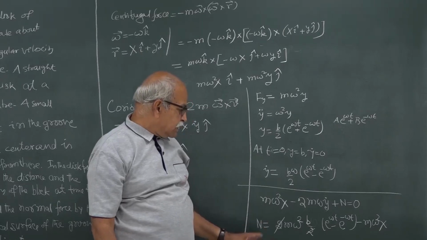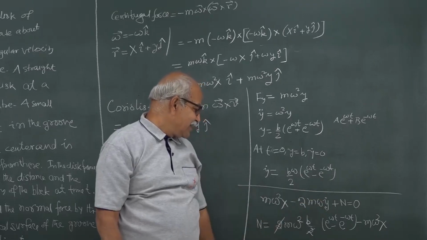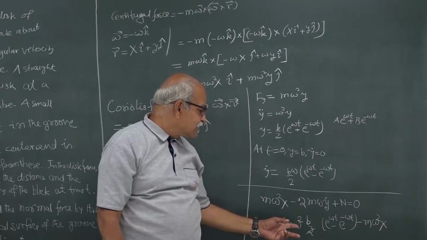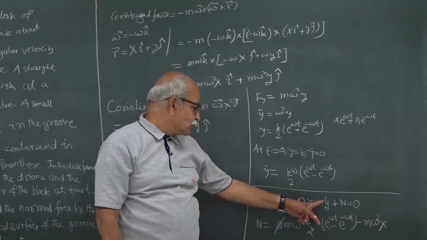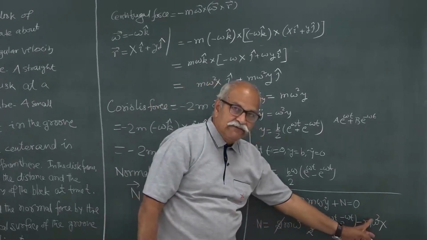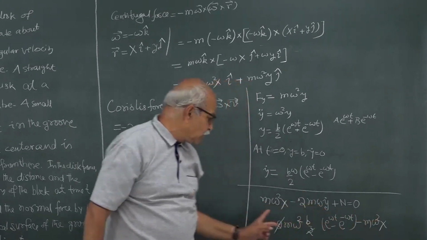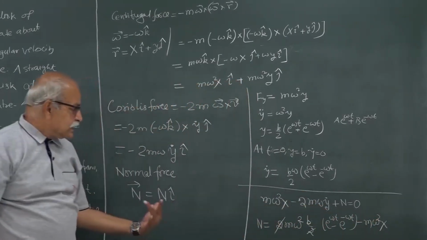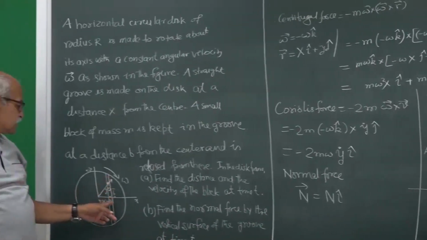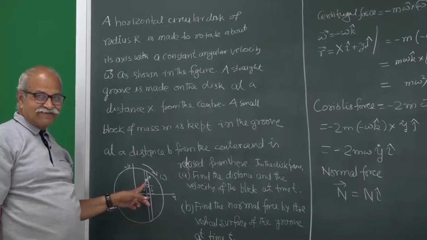Now, the thing is that this y dot is increasing continuously. To start with, at t equal to 0, this y dot is 0, and therefore, N will be just this much, which is negative. The normal contact force is in the negative x direction. That means this outer wall is pushing it more than the inner wall.